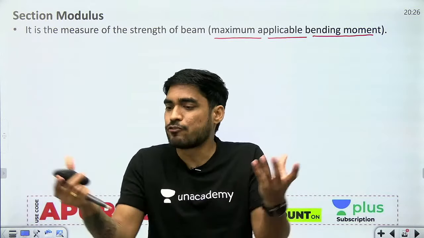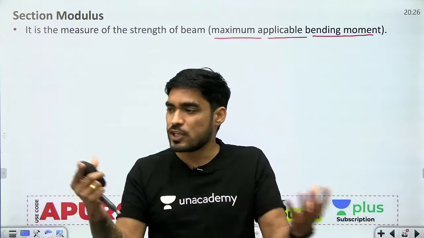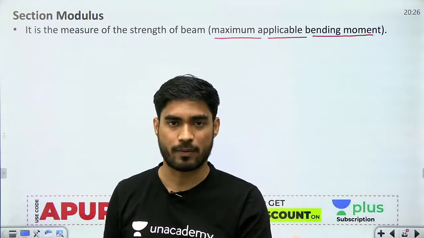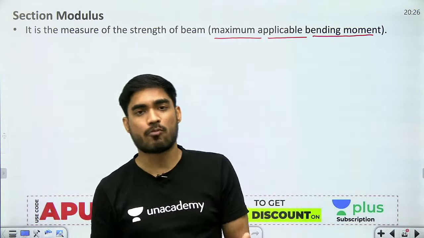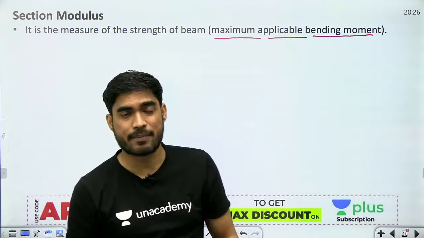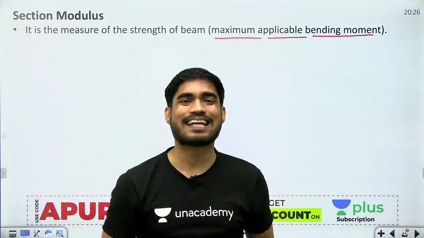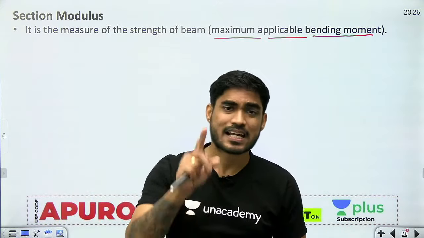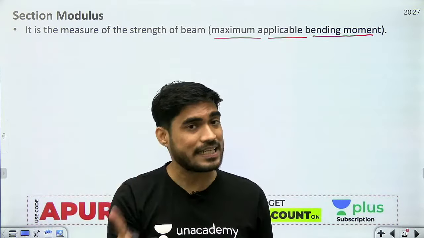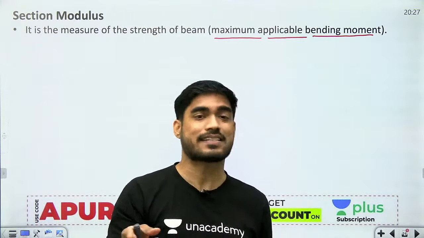ठीक है? If I have two beams and I need to know which one is stronger, then I will see which can sustain more bending moment. ठीक है? कौन कितना बेंडिंग मोमेंट उठा सकता है, दैट इज द स्ट्रेंथ. ओके, तो स्ट्रेंथ ऑफ बीम बोलने का मतलब क्या है कि ये बीम जो है कितना बेंडिंग मोमेंट उठा सकता है. नाउ अंडरस्टैंड, स्ट्रेंथ ऑफ मटेरियल इज डिफरेंट. स्ट्रेंथ ऑफ मटेरियल मींस हाउ मच स्ट्रेस इट कैन सस्टेन.